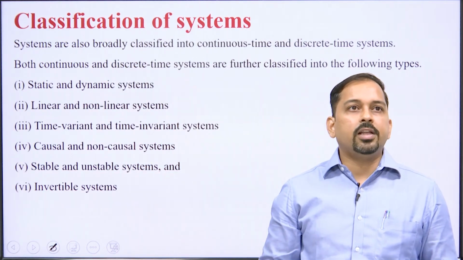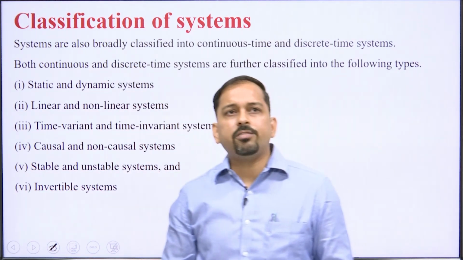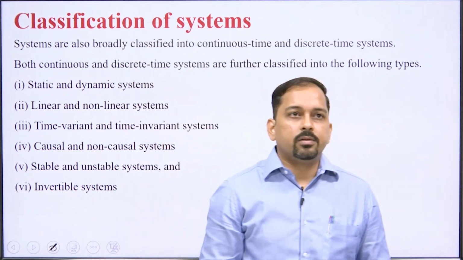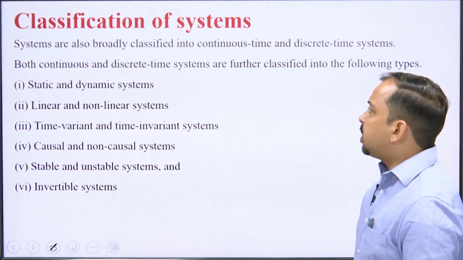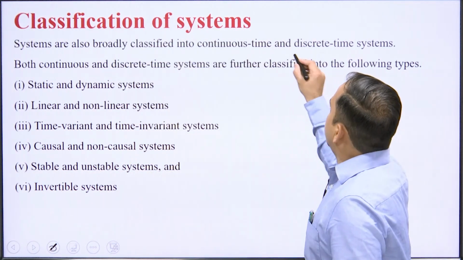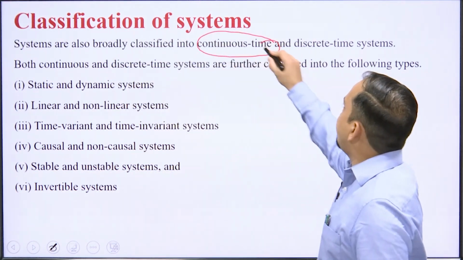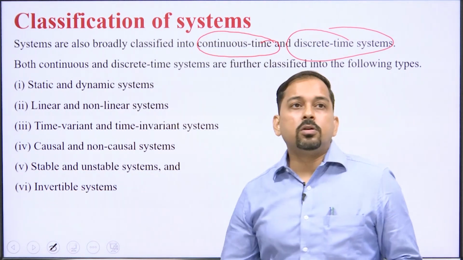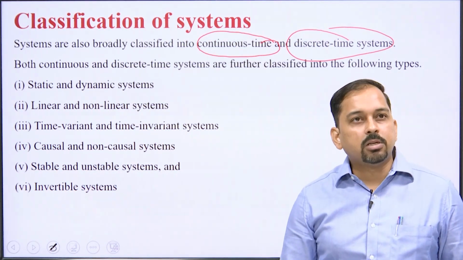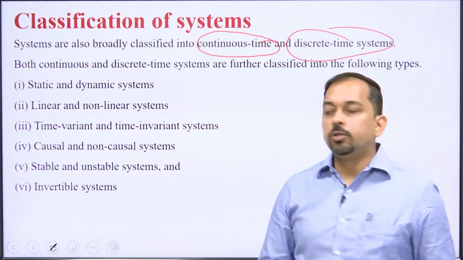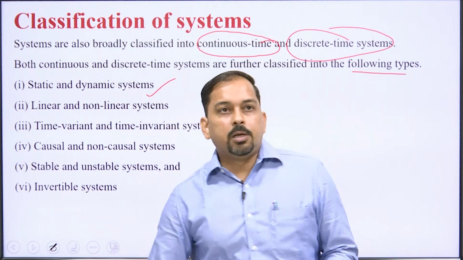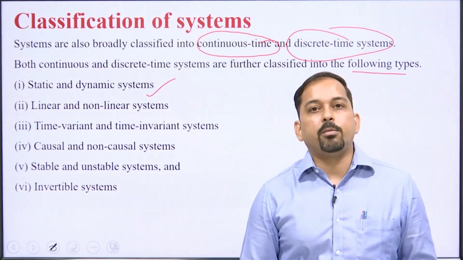After this, we will see the classification of systems, how the systems are classified. The systems are broadly classified, as we have seen, on the basis of continuous and discrete time, and both the continuous and the discrete time systems are further classified into the following types. The first important thing is static and dynamic.